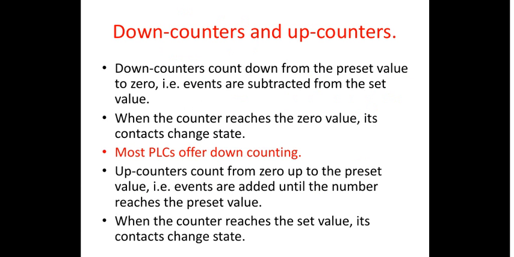That is, the points are subtracted from the set value: 100 minus 1, 100 minus 2, 100 minus 3, something like that. When it becomes 100 minus 100, that is when the count is the 0 value, its contacts change the state.